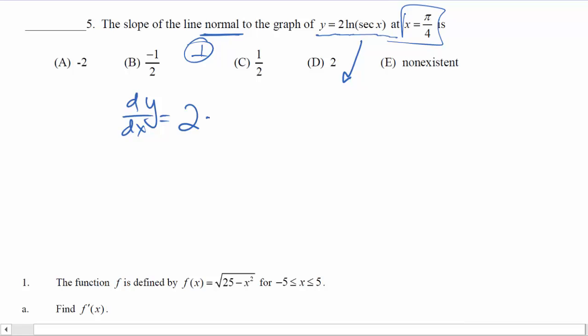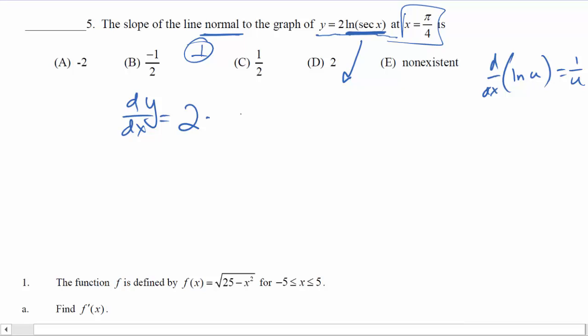Do not let it fool you. It's just a constant. The derivative of ln of, call it u, is simply 1 over u. But obviously it's not just u or just x, so I'm going to have to use the chain rule.